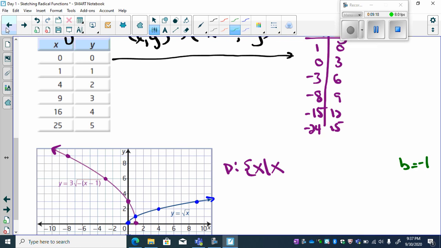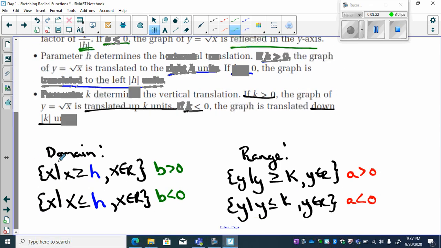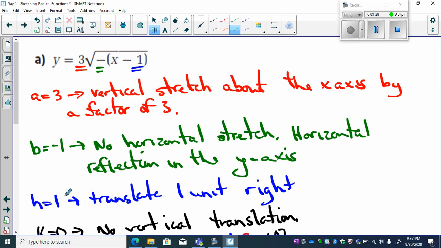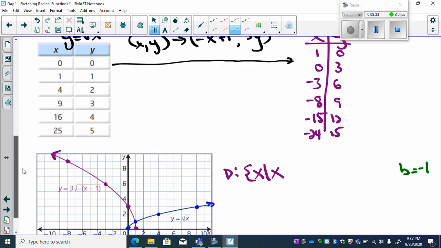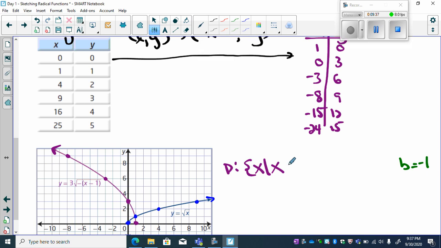So remember, when we were talking domain, we said if the b value is less than 0, b value is negative, I've got to go with this option, less than or equal to h. And in this particular example, my h value is 1. So it's going to be x is less than or equal to 1, x belongs to the real numbers.